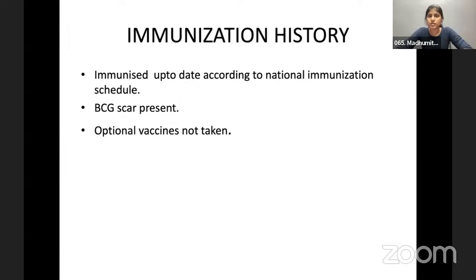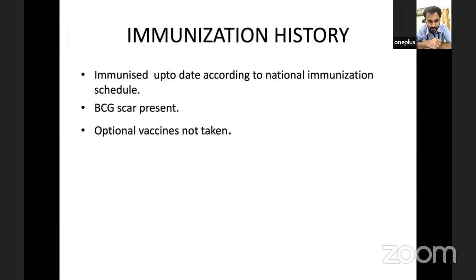To prevent any infection. BCG vaccine is given to prevent tuberculosis infection. Hepatitis B vaccination is given to prevent blood transfusion or vertical transmission disease.